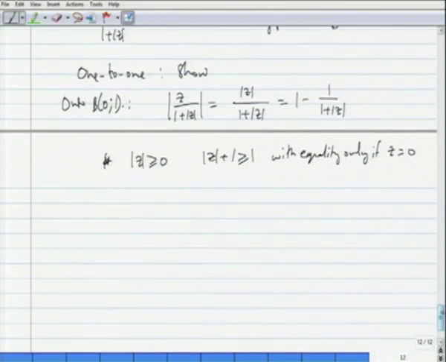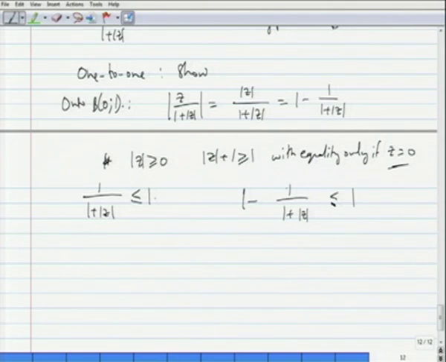For any other z, the modulus of z plus 1 is strictly greater than 1. So, 1/(1+|z|) is less than or equal to 1, with equality only if z is equal to 0. So, 1 minus 1/(1+|z|) is less than or equal to 1.